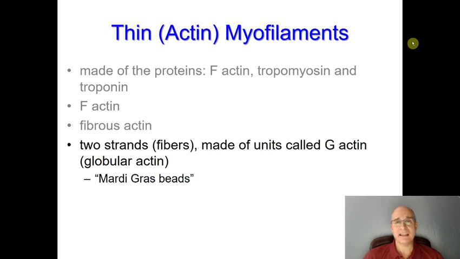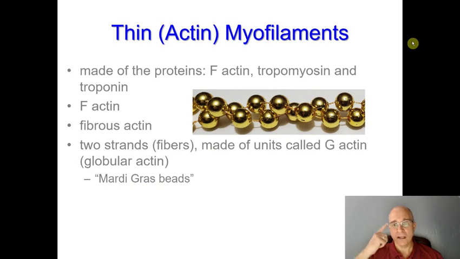Now, I like to think, as an analogy, of Mardi Gras beads here. We've got a double strand of Mardi Gras beads that have been twisted over one another. This is really what F-actin or fibrous actin looks like. It's two strands of these bead-like G-actins wound together. So each individual bead is called G-actin.